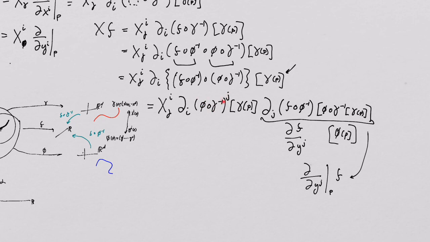So the jth component is going to select the y component out of this ordered d-tuple, and the definition of this is a function like any others, but it's got the yth component.